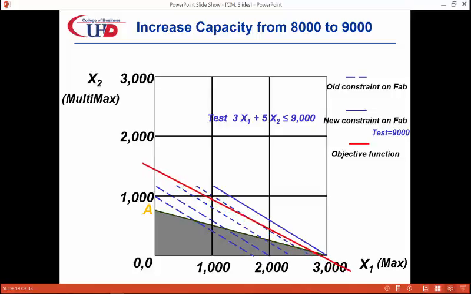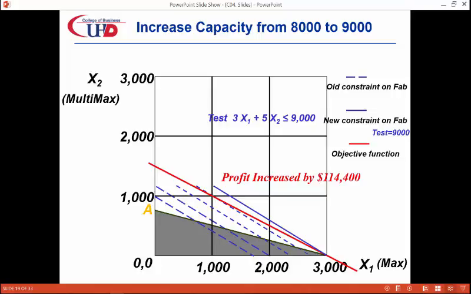Correspondingly, we can push up the isoprofit line until it reaches the intercept on the X1 axis by the assembly constraint, which is still a corner point and is the intersection of the two resource constraint lines. The resulting profit you can find is one more $114 and $400 higher.